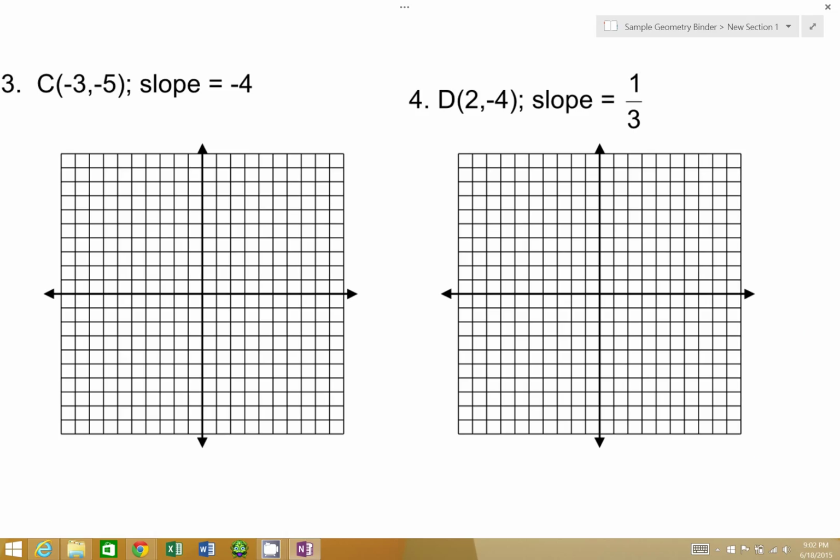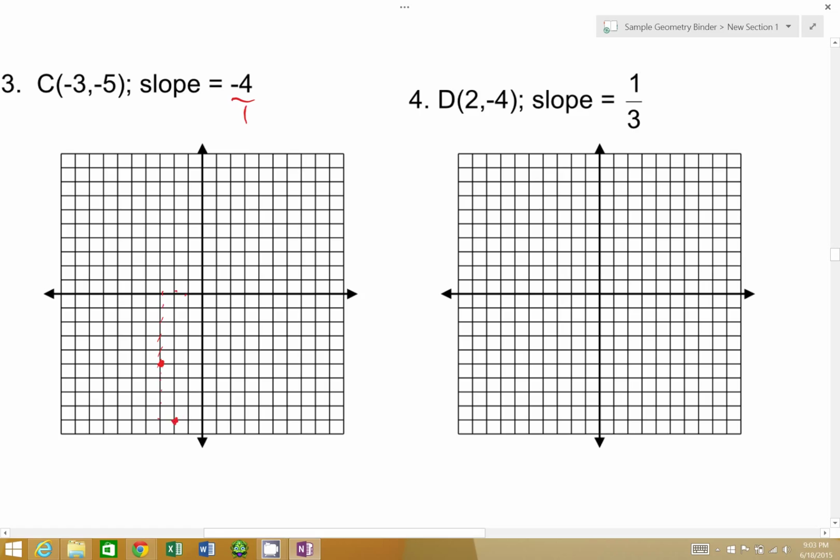And we're back. So let's see how you did. Let's compare it to Mr. Rhodes. So let's walk you through this. Back 3, 1, 2, 3, and down 1, 2, 3, 4, 5. There's my point. Now I have negative 4. Remember, that's negative 4 over 1. So I go down 4, 1, 2, 3, 4, and over 1.